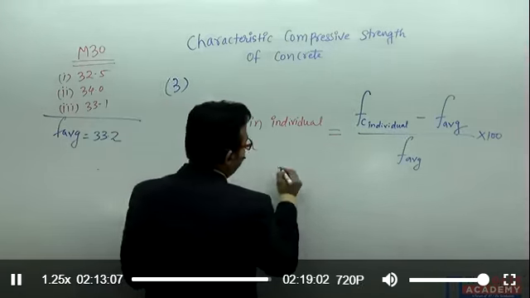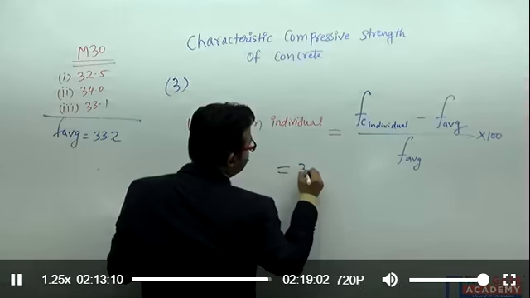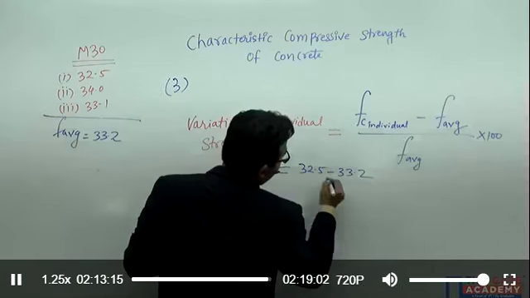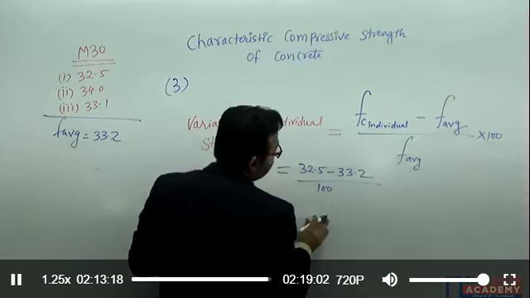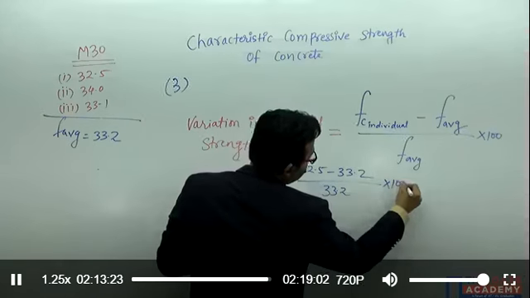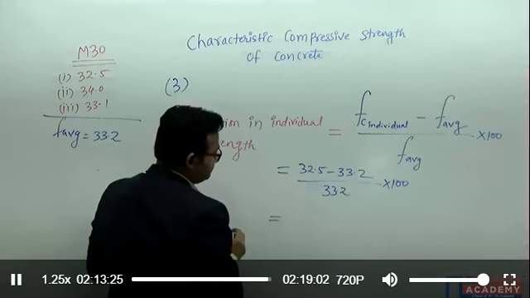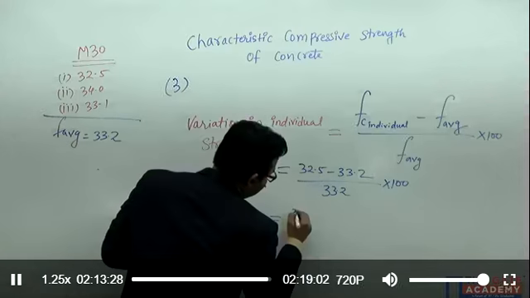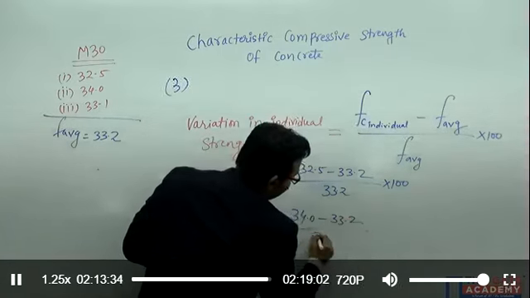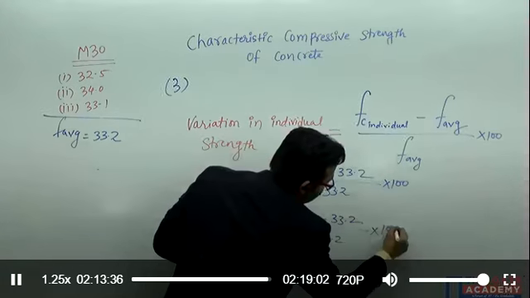For the first cube, fc individual is 32.5 minus f average, which I have calculated already, that is 33.2, divided by 33.2 into 100. For the second cube, individual strength is 34 minus 33.2 divided by 33.2 into 100.